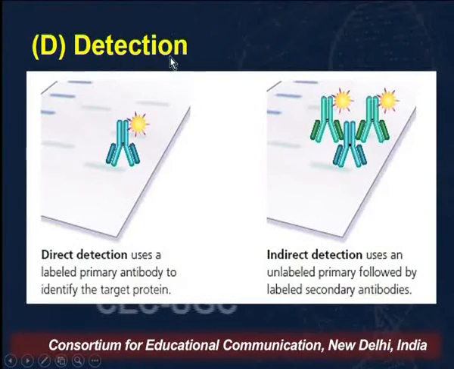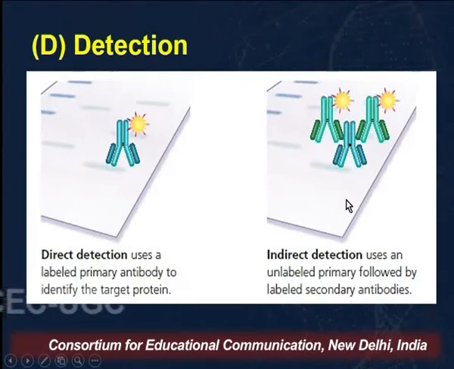Now when we talk of detection methods, we talk of two different kinds of antibody systems that we use. If your primary antibody is tagged or labeled with a detection system, because it is acting as a probe, then it is termed a direct method. However, generally we employ an indirect detection method.